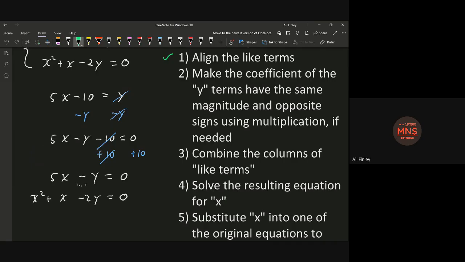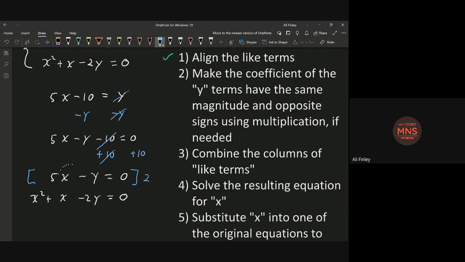Now, in order to force the magnitudes to be the same, we're going to multiply that first equation. The lowest common multiple between 1 and 2 is 2. We would multiply it by 2, which would make the magnitudes the same.